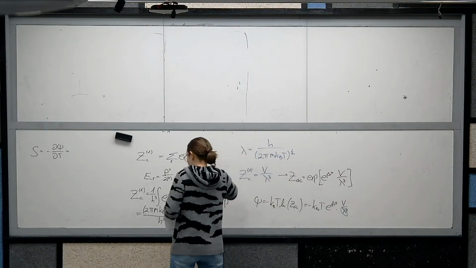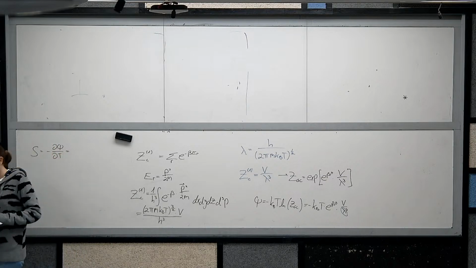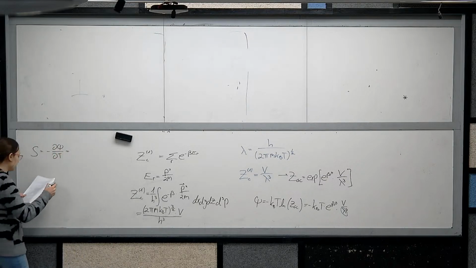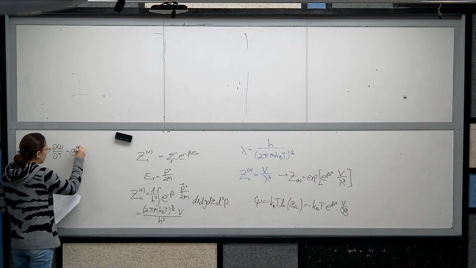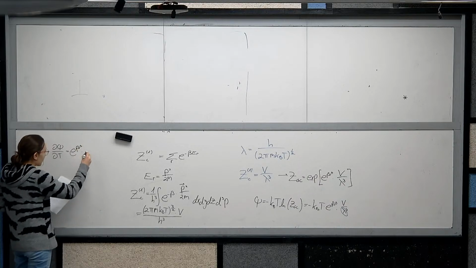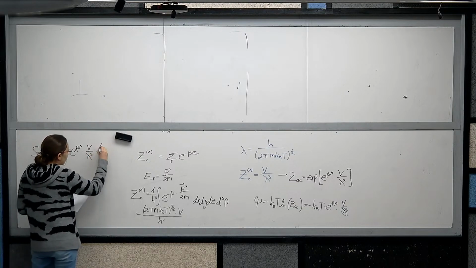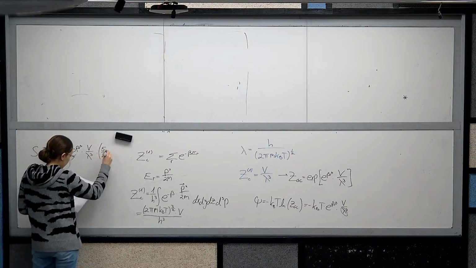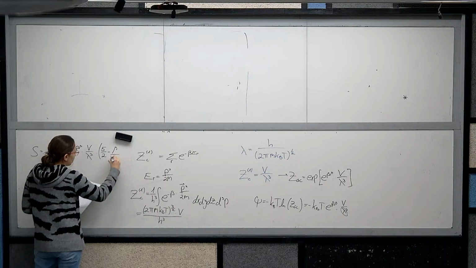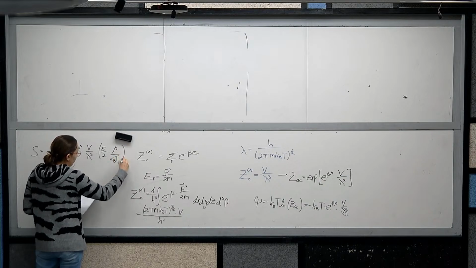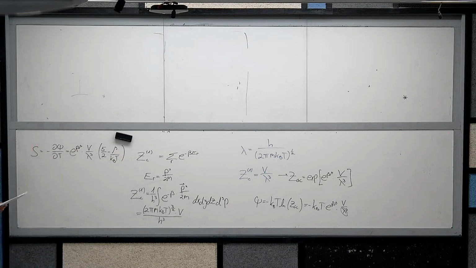So in total we will get that this equals this exponent of beta mu times V divided by lambda to the third times 5 divided by 2 minus mu divided by kBT. Okay, this is our entropy.